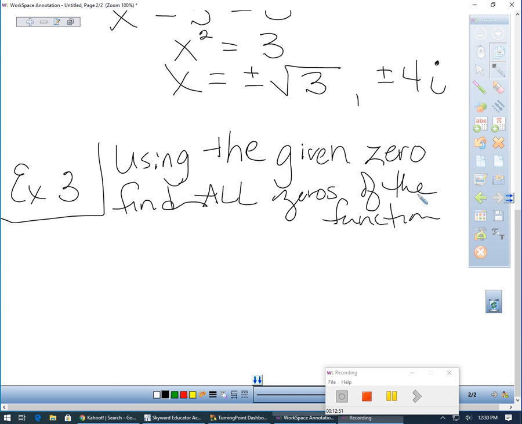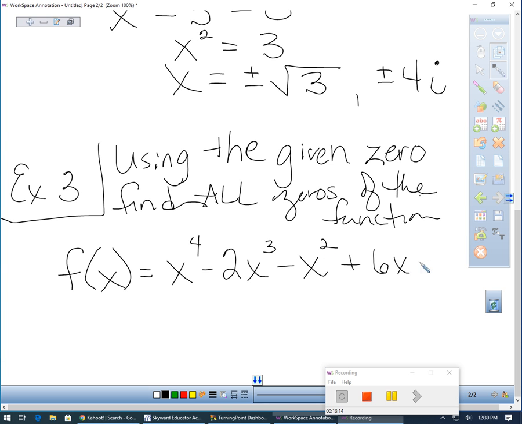All right, and let's go with f of x equals x to the 4th minus 2x to the 3rd minus x squared plus 6x minus 6.